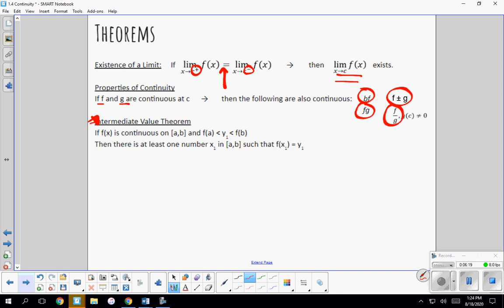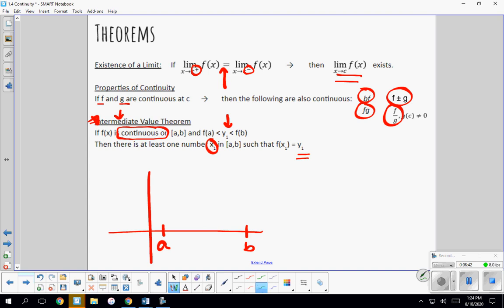This one is super important, so we are going to elaborate on this a lot later. But basically, as long as we have a continuous function, and we look at any y value in our interval, we have to find at least one x value that results in every single y value. And what that means, intermediate reminds us of the word middle. So if I have an a and a b, and I plug them into my function, and let's say this is f of a, and let's say f of b is down here.